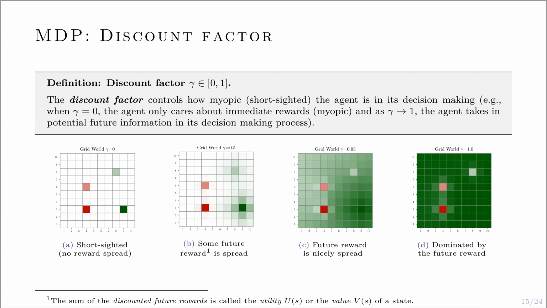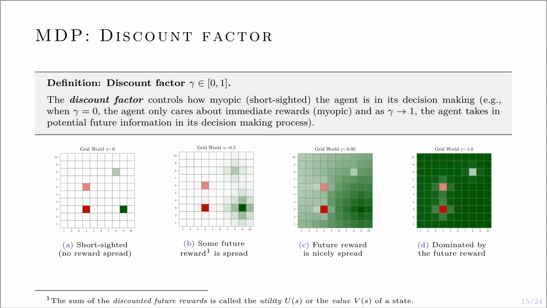Now, the discount factor controls how myopic or short-sighted the agent is in its decision-making. When gamma, the discount factor, which is a real number between 0 and 1, is 0, which you see all the way on the left, the agent only cares about immediate rewards.